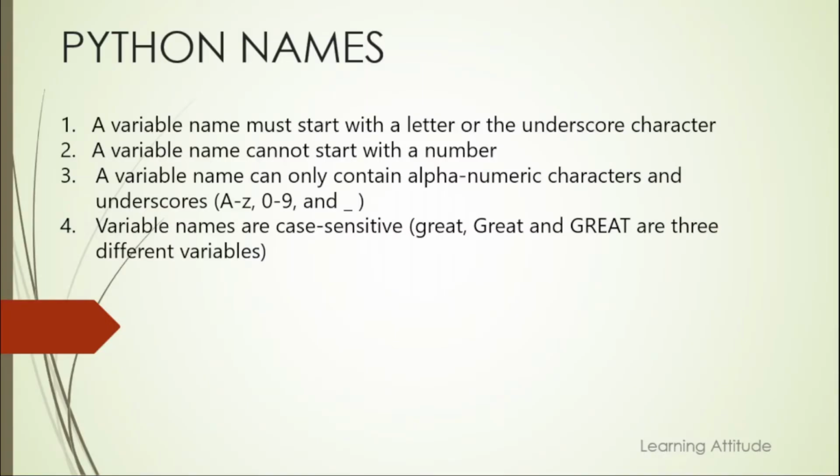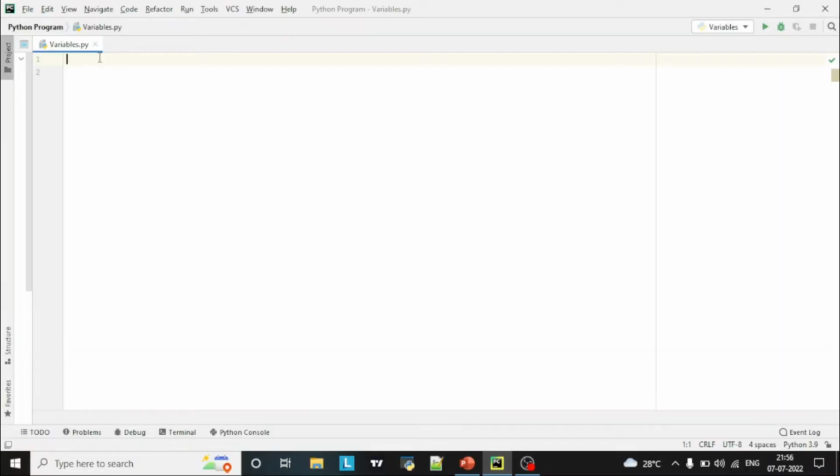So let's move to the next point. Multi-word variable names can be declared, meaning you can use multiple words in continuation. Let's see one example for this. We'll take one variable, my variable name, is equal to hello.